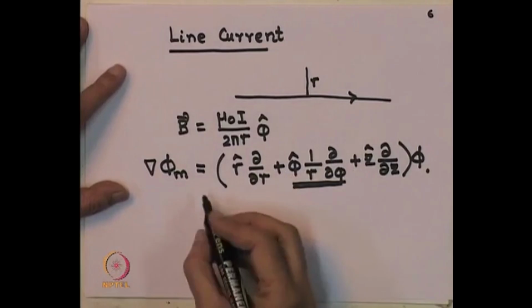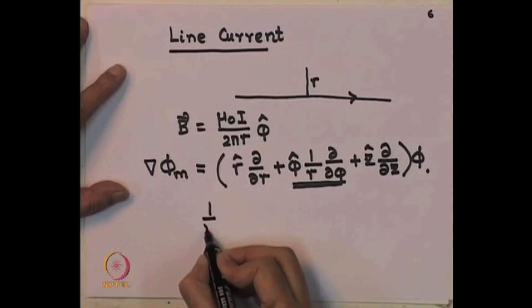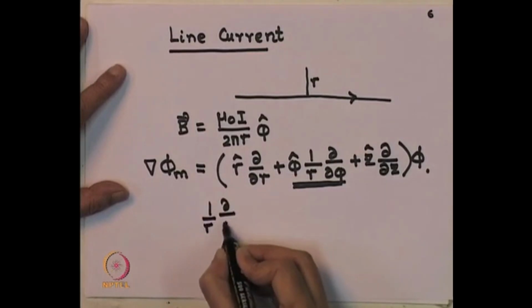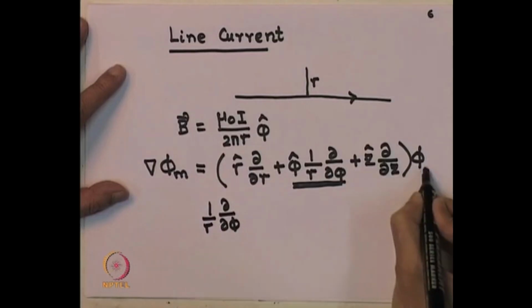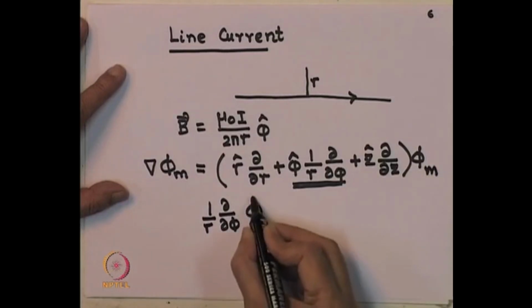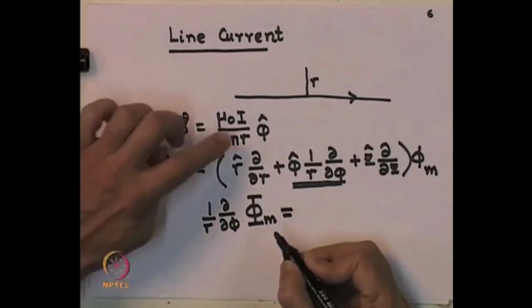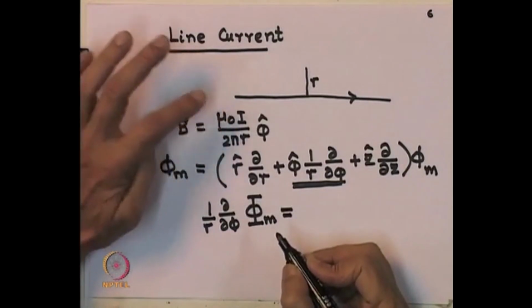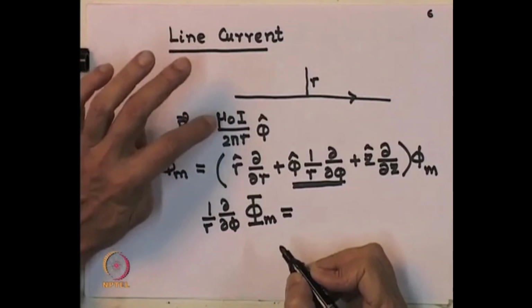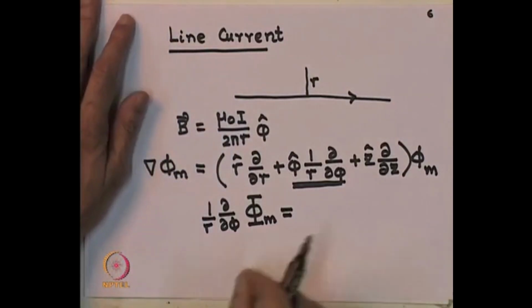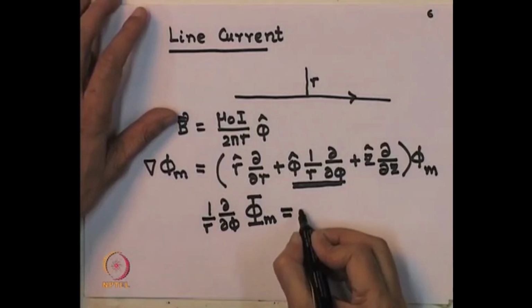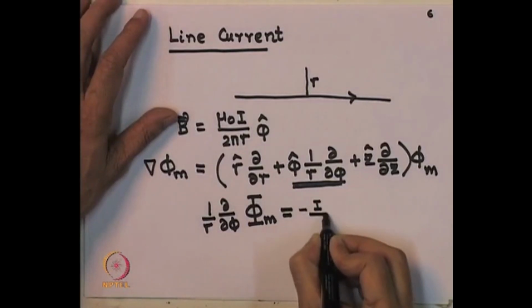So, what I have is 1 over r d by d phi of phi m, and if you compare with this expression, remember I had a minus sign in my definition, so this quantity must be equal to minus I by 2 pi r.